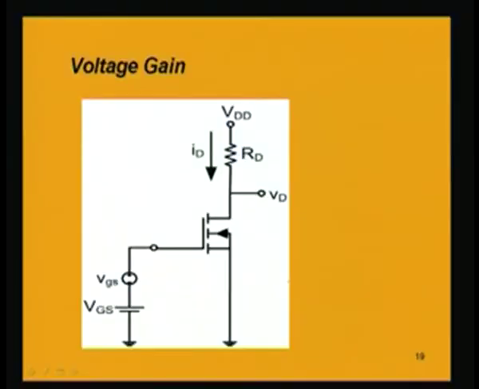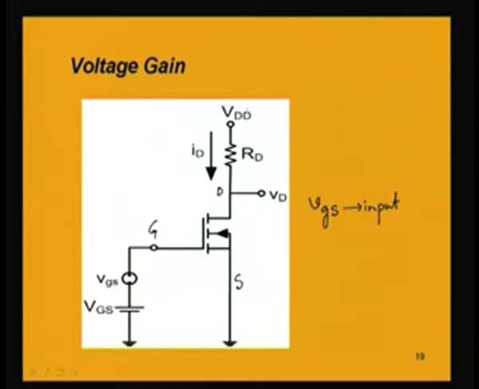What will be the voltage gain when we give an input small vgs? This is the input, given at the gate to source terminal. This is the drain terminal, this is the gate terminal, source is grounded. This capital VGS and capital VDD are required for biasing, because we know it is an enhancement type N channel MOSFET.